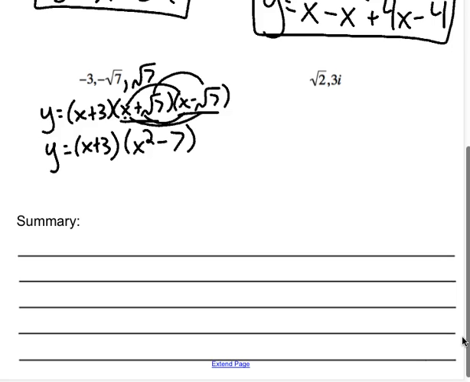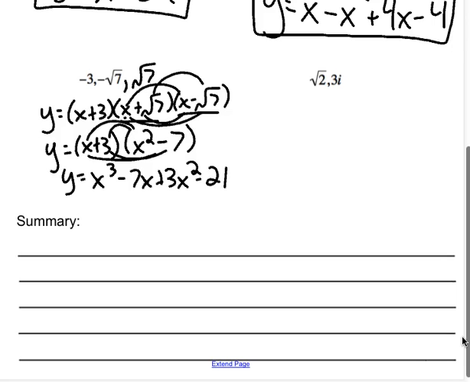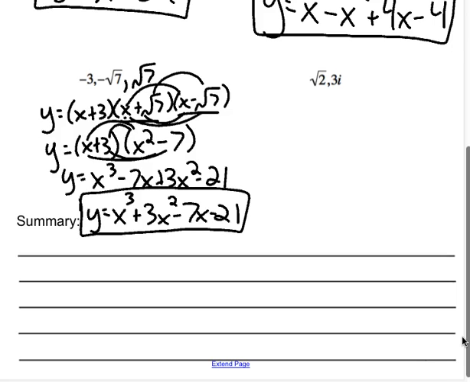And now I simply FOIL again. x cubed minus 7x plus 3x squared minus 21. Write it in the proper order. And there you have it. You have your standard form polynomial.